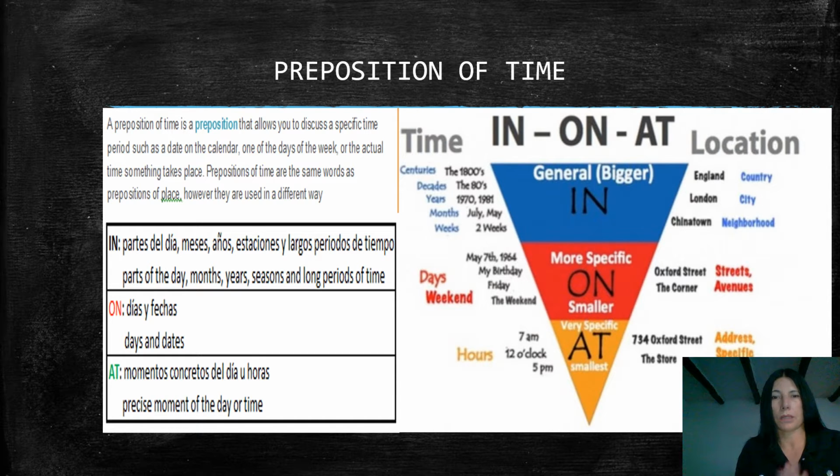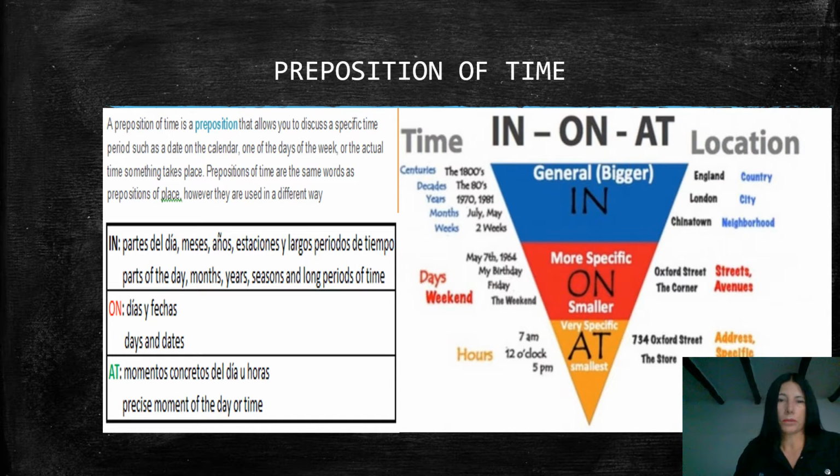Some examples of prepositions of time are in, on, at. You use in with parts of the date, months, years, seasons, and long periods of time.